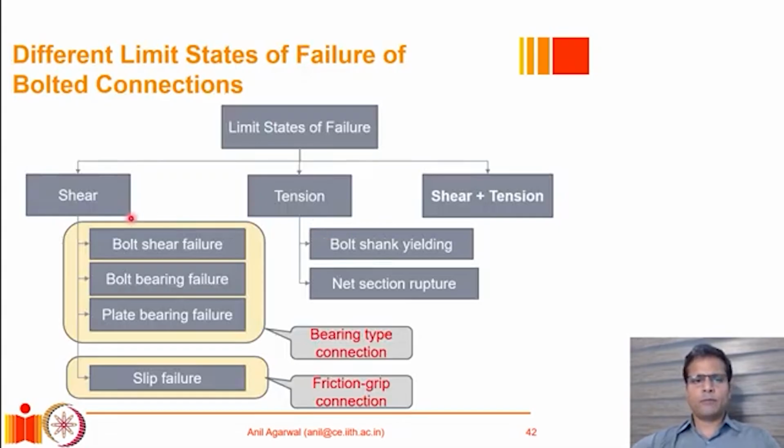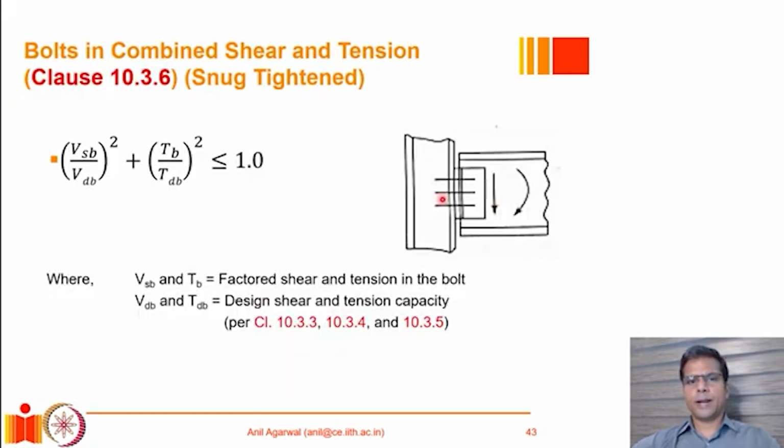So far we have discussed the shear behavior and tensile behavior for both bearing type bolts and friction grip type bolts. Now we will go into the behavior of bolts which are subjected to a combination of shear and tension. As you might see in this diagram, these bolts are likely to be subjected to a combination of shear force because of this force.